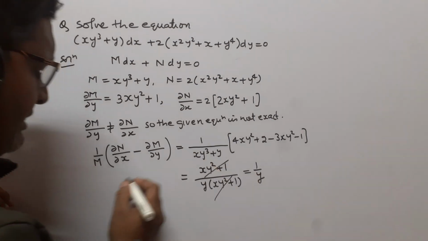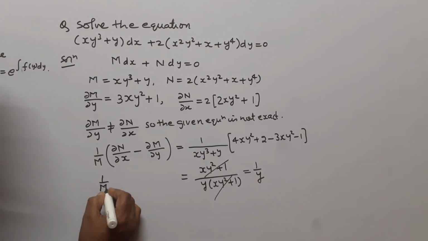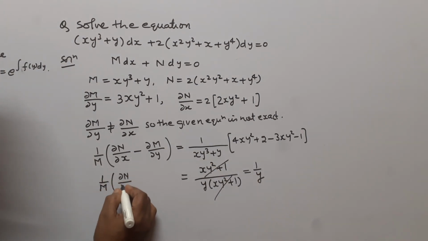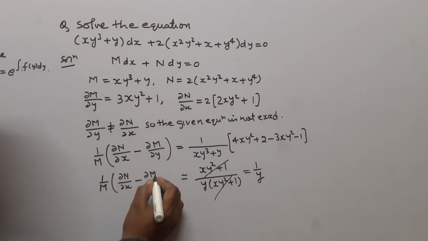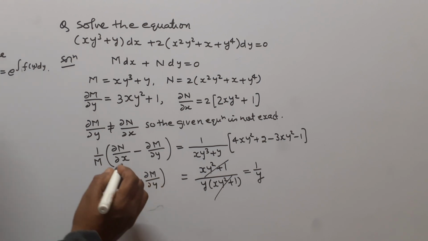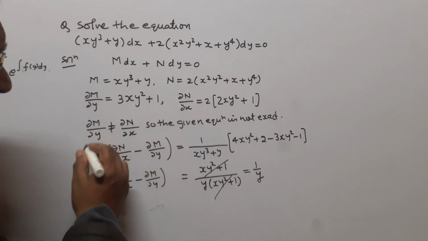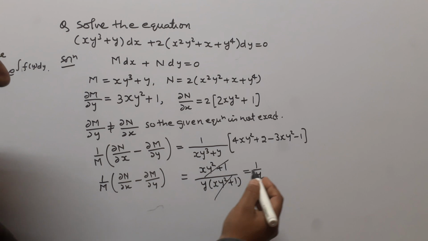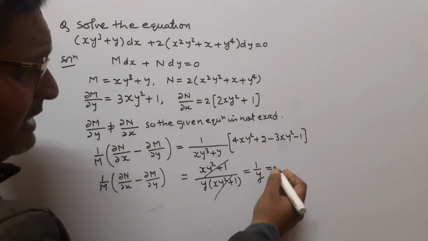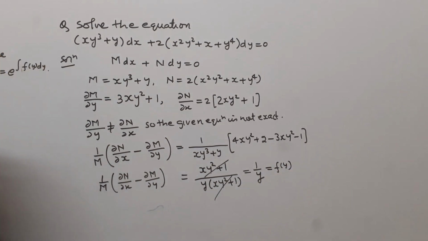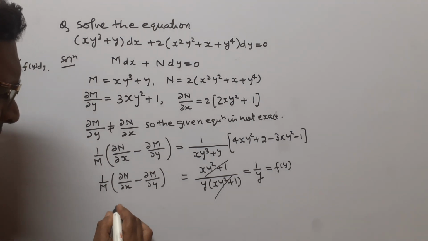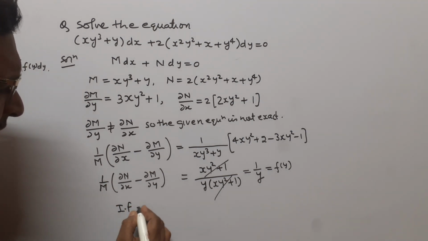Here this is a function of y alone. When we calculate (∂N/∂x minus ∂M/∂y) multiplied by 1 upon M, we get 1 upon y, which is a function of y alone. So here we take the integrating factor.